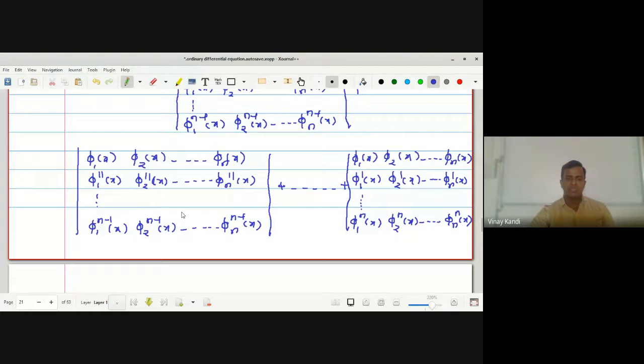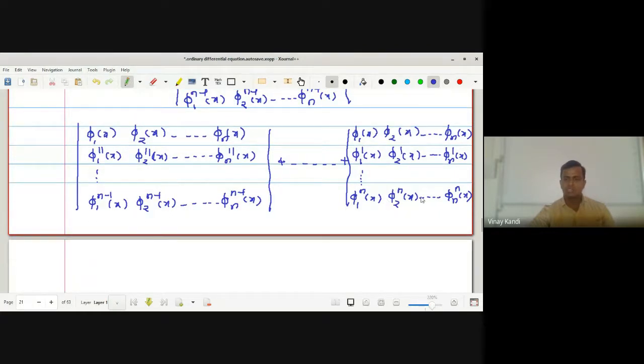Hence, we get only the last determinant as it is, with phi 1 raised to n minus 2 of x, phi 2 raised to n minus 2 of x. Okay, so this determinant only appears.